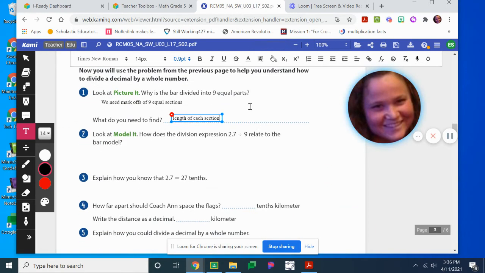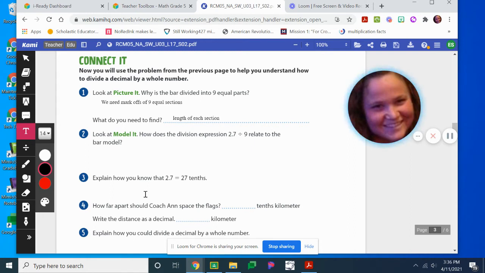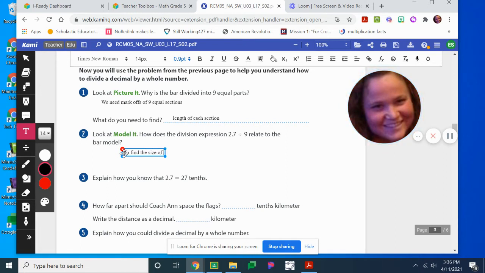So it's still saying that in order to find the size of each group, you need to divide the number of kilometers, which is 2.7, by the number of groups, which in this case was 9.